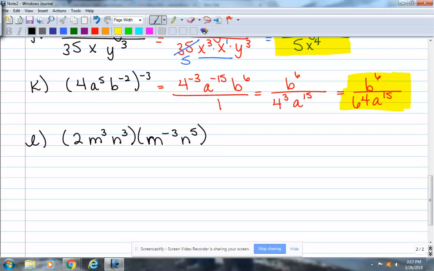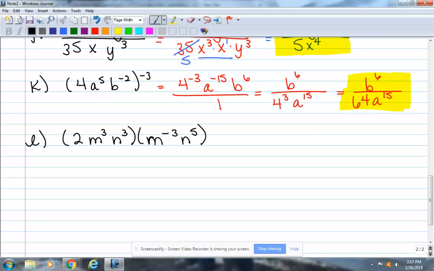Now, do these parentheses have an exponent outside of them? No. So if they don't have an exponent outside of them, it's not power of powers. You're just multiplying. Okay? So if there's no exponents right here, you're just multiplying.